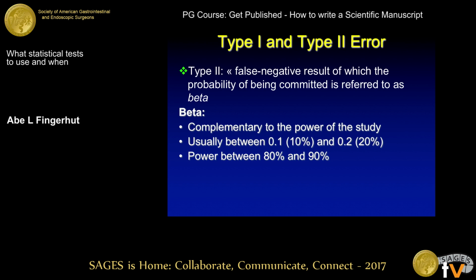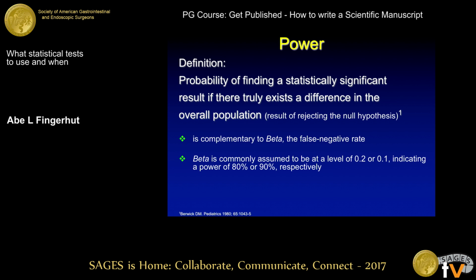The type 2 error, in other words, the false negative result, is complementary to the power of the study. The power of the study is defined as the probability of finding a statistically significant result if truly that difference exists in the overall population.